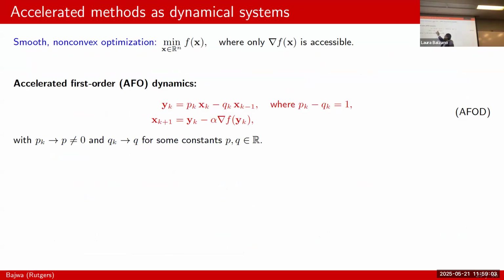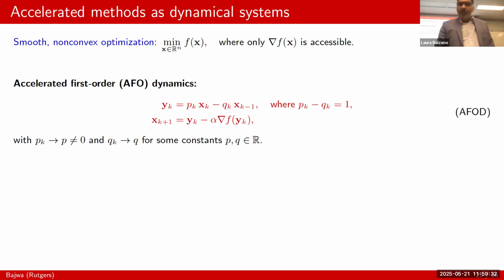We analyze this expression. For those who are not familiar, momentum-based methods effectively use prior iterates to figure out where you want to go. Here alpha is the step size. Yk is a linear combination of your previous two iterates, and you compute the gradient at that point. The analysis requires pk minus qk to be equal to 1.